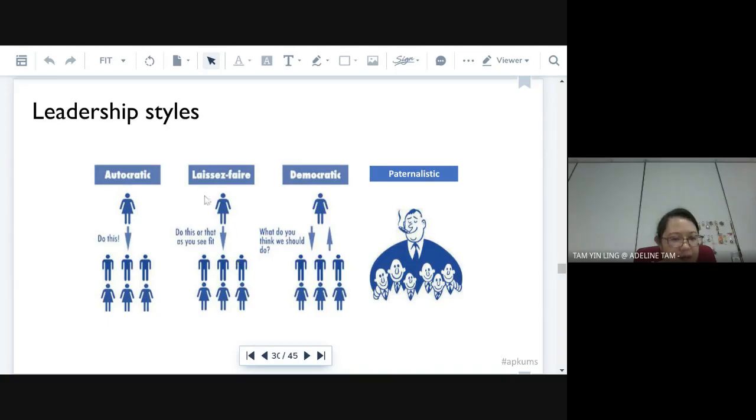Laissez-faire is another type of leadership style. You give the workers the freedom to do whatever they like to do. They say, do this or that as you see fit. You can decide what to do. Like when you tell your workers, you have to sell 100 units of T-shirt, for example.